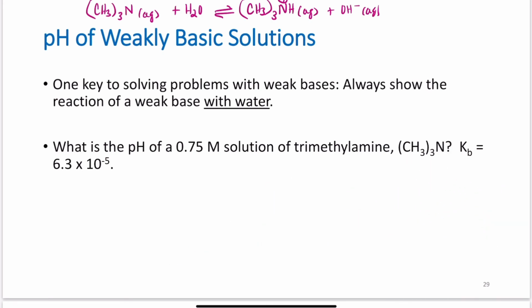Well, you can use trimethylamine, and then this is trimethylammonium, just for your curiosity. When it forms the ion, it becomes the ammonium form. But like I used HA for weak acids, I like to use B for weak bases. It just makes my life easier. So B is weak base.